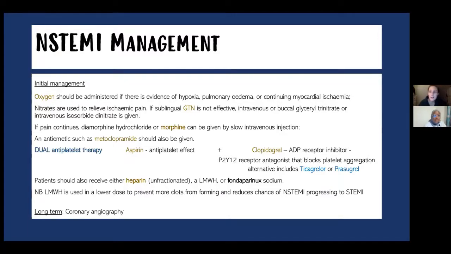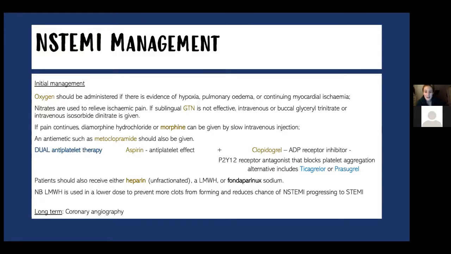Yeah, so some NSTEMI patients would go for PCI within 24 hours. Or at least they'd have a coronary angiography, and then they would potentially stent them then to try and prevent any NSTEMIs going into STEMIs, is my understanding.